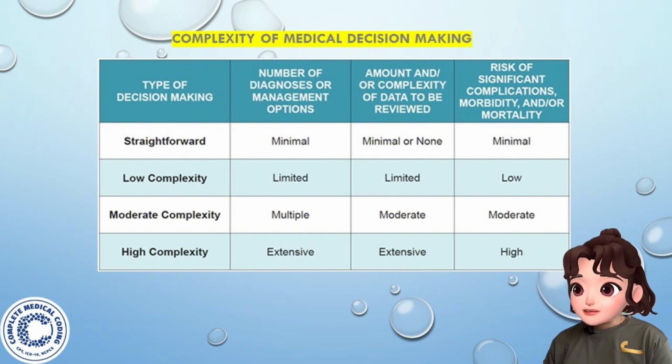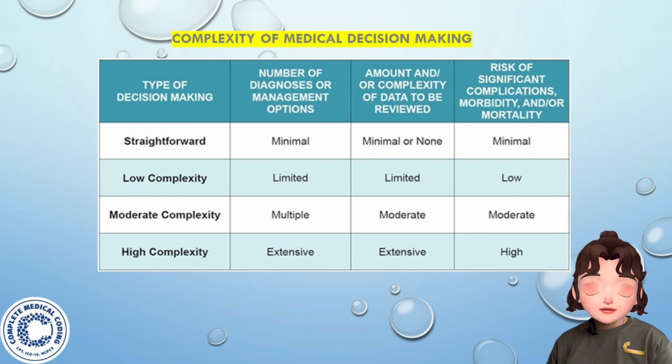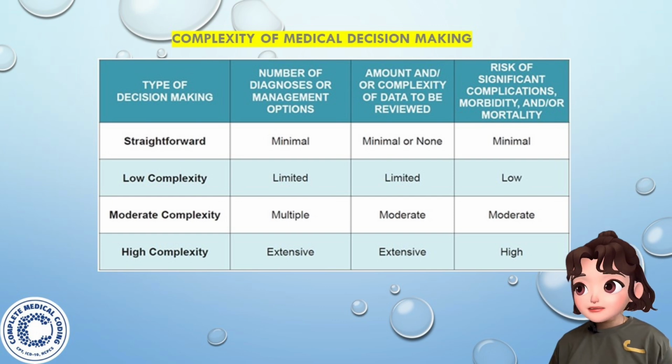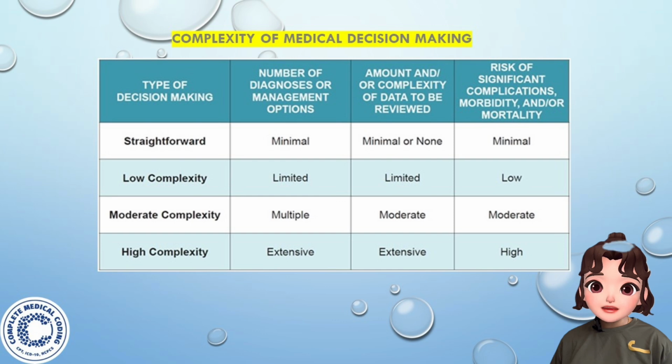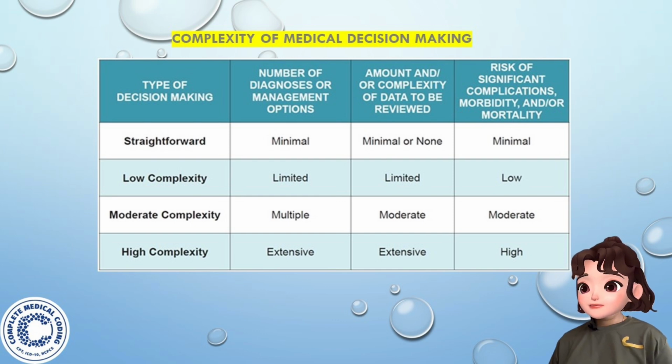The number of diagnosis or management options will be minimal. The amount or complexity of data to be reviewed should be minimal or none. The risk of complications and morbidity is also minimal. If everything is minimal, we will consider it as straightforward medical decision making.